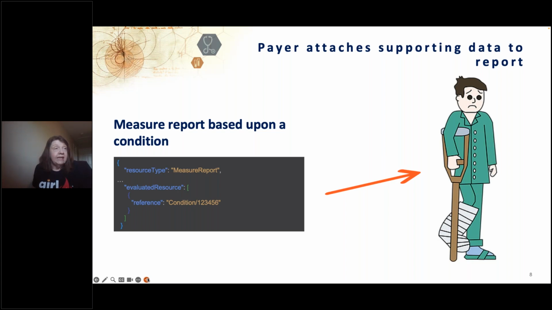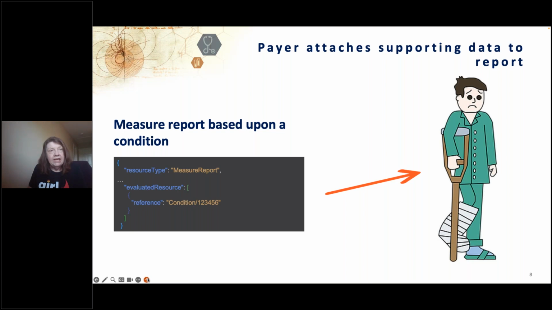It could be medication, like Josh mentioned a minute ago. It could be a lab observation from a blood test with a high A1C. It can be any resource that the payer has and they believe is a part of this measure report around risk adjustments, or risk adjustment gaps specifically.